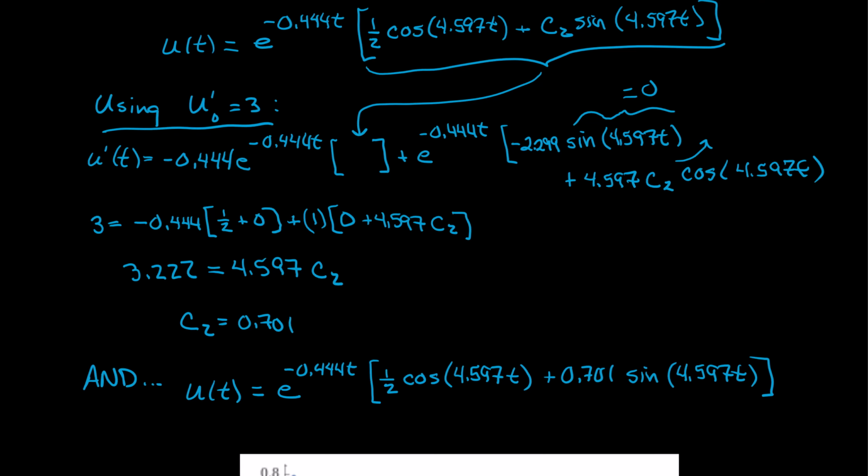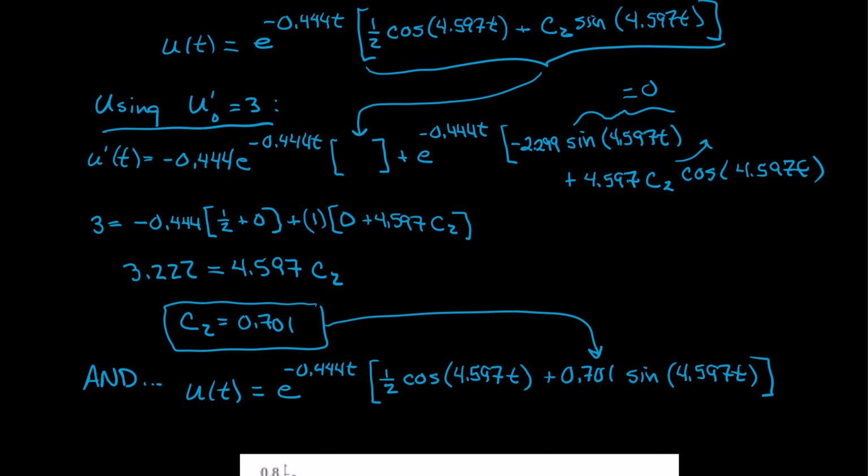Go ahead and do all the multiplying and all that good stuff. And notice we're going to have a negative 0.44 times a half. Add it to the left-hand side, gives us a positive 3.222 equals 4.597 C2, or alas, we get C2 right there is 0.701.